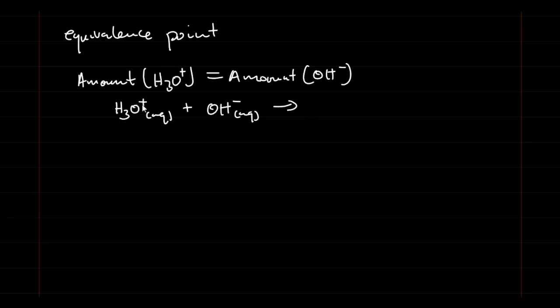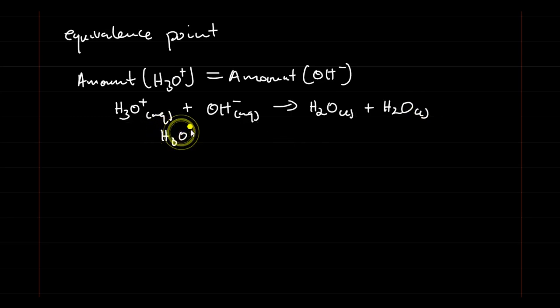When the hydronium donates the proton, it will be H2O. Plus, when the hydroxide accepts the proton, it will be what? H2O as well. So H2O is neutral and H2O is neutral. So what do I have?